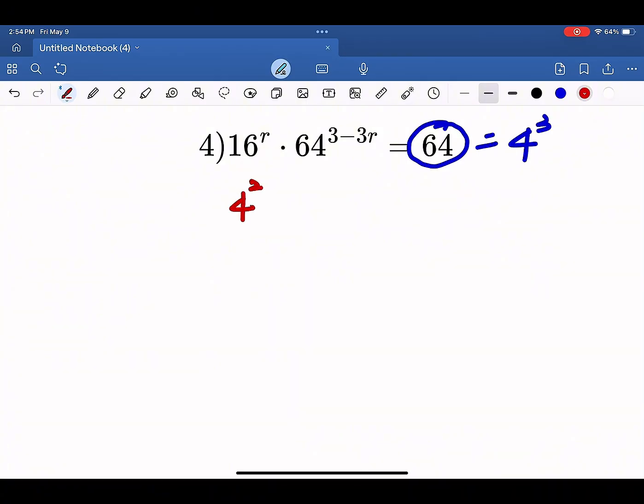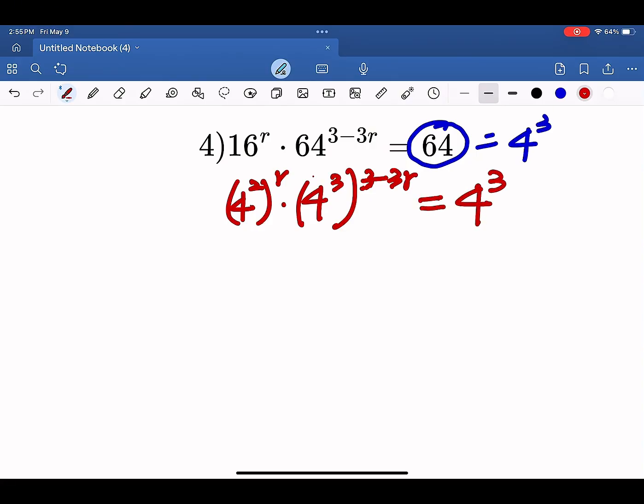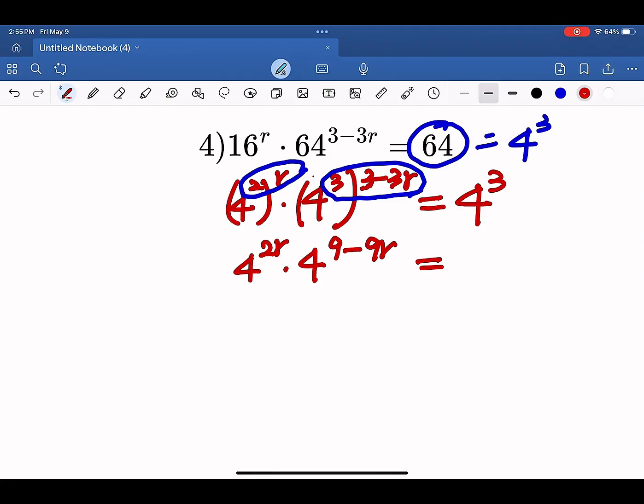So 4 squared to the r times 4 cubed to the 3 minus 3r equals 4 to the third power. Using the exponential rule, you multiply those two exponents. So 4 to the 2r, 4 to the 9 minus 9r equals 4 to the third power.